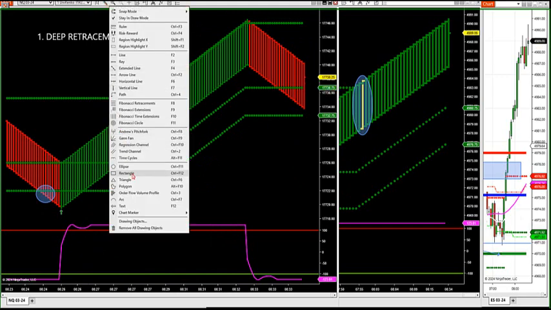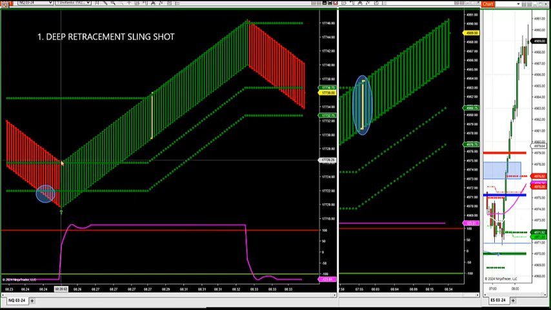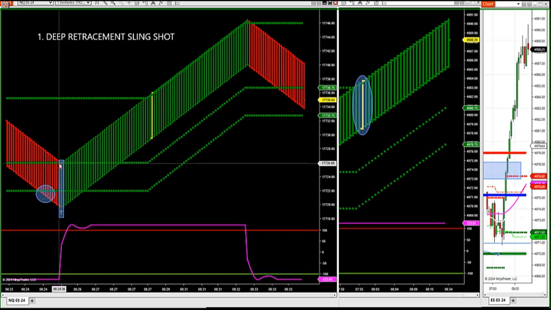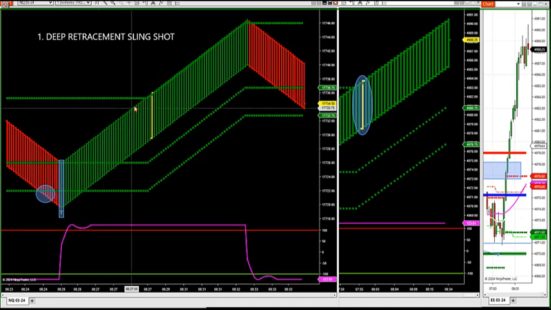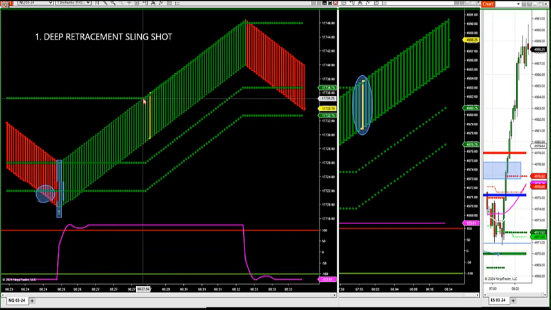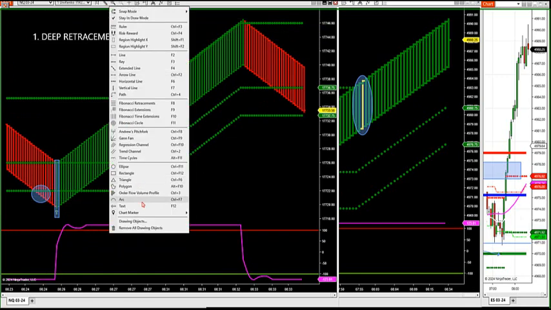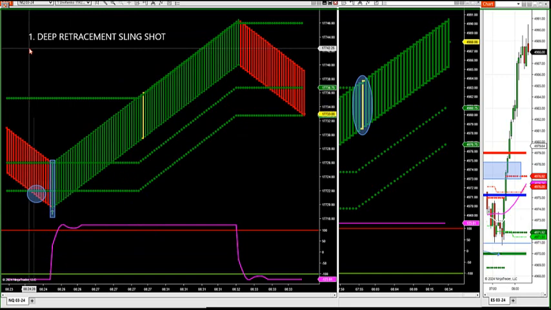As soon as it closes back inside, meaning a candle closes back inside right here where the arrow fires, that is a trigger or an entry level to look for a buy setup to go up. That's called a deep retracement slingshot. That's one of them.